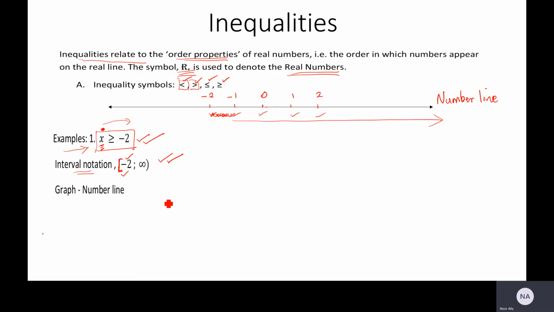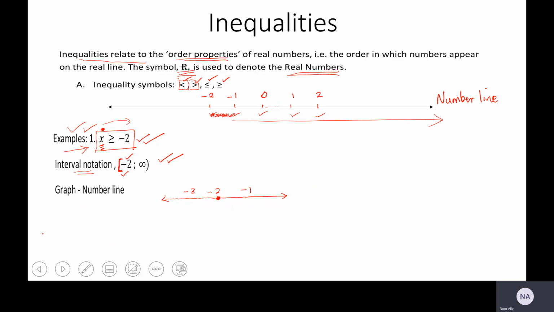So we're going to draw and graph a number line. The only thing we need to indicate for this example 1 is -2. Possibly include numbers to the left and to the right. And -2 is included.